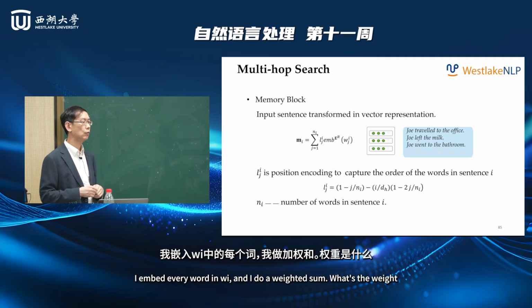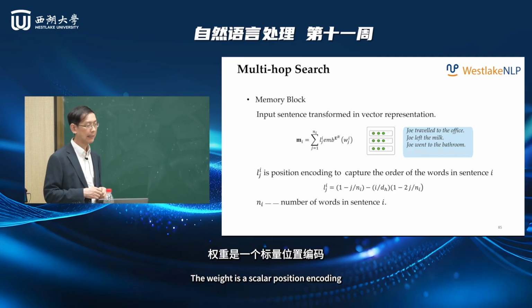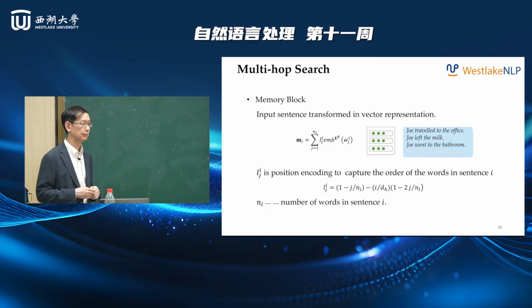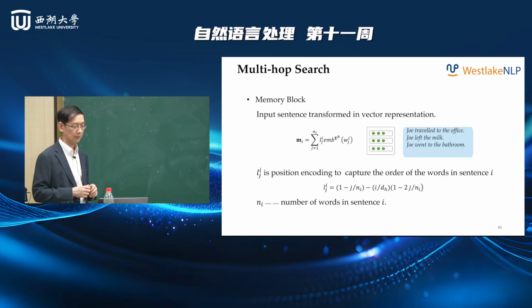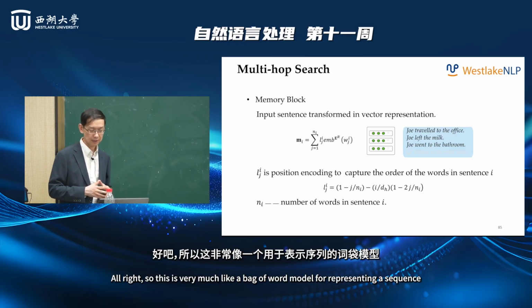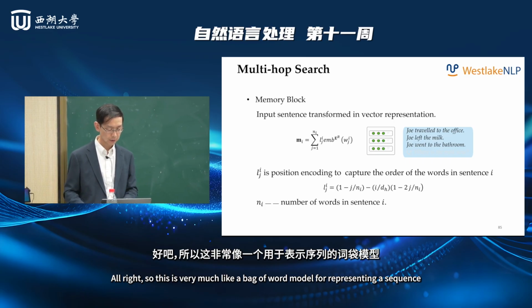I embed every word in WI and I do a weighted sum. What's the weight? The weight is a scalar position encoding. I call it Lij. J means the jth word. So this is very much like a bag of word model for representing a sequence.